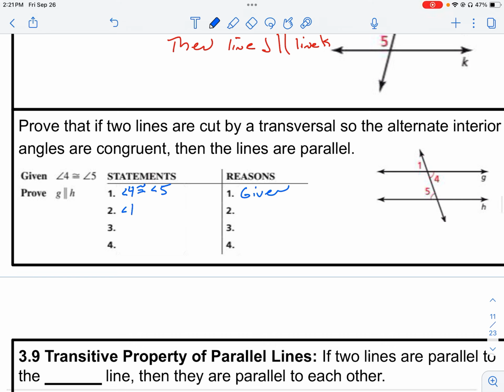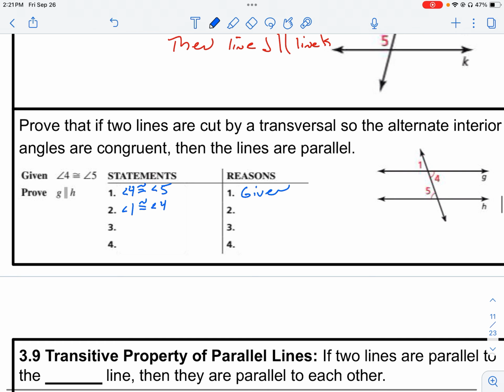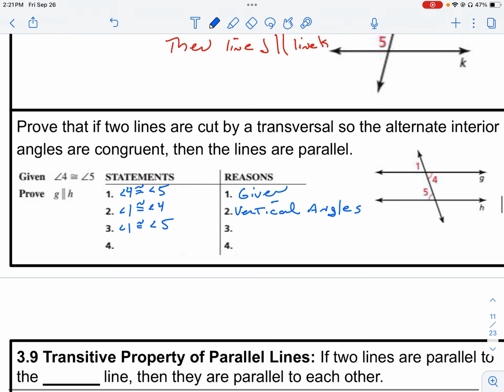Then we say angle 1 is congruent to angle 4 because of vertical angles, which we showed back in previous videos. So angle 1 is congruent to angle 5, and that's just our transitive property.